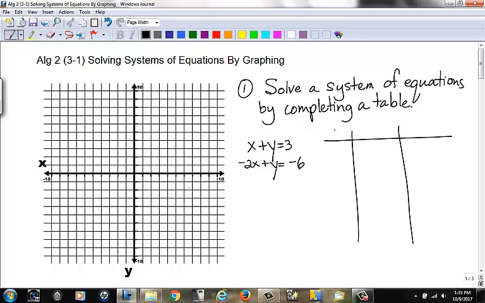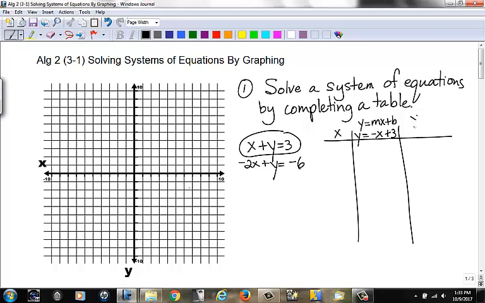So basically you can choose any value for x, substitute it in, and solve for y. In this first equation, I'm going to get it in the form y equals mx plus b. So if I got y by itself, y would equal negative x plus 3.